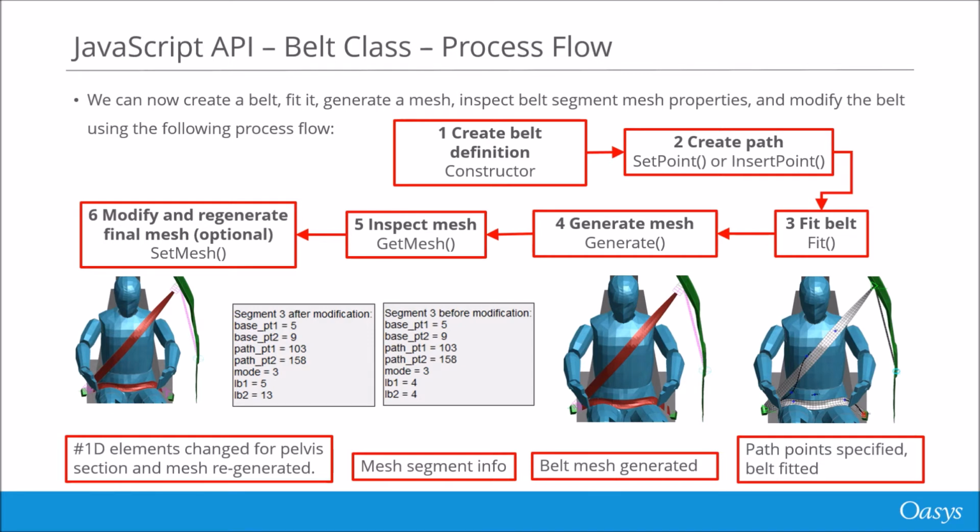We generate the mesh, and that creates the belt. We then might want to use getMesh to inspect the mesh, and then, using that information, modify the mesh. We might want to change it slightly. So all this is now possible using the JavaScript API.